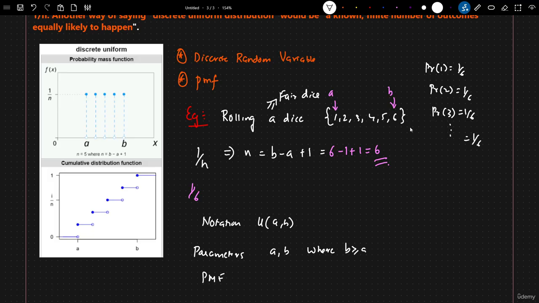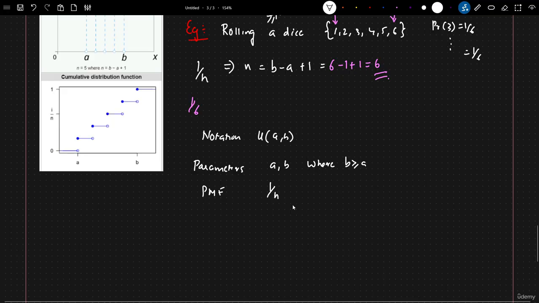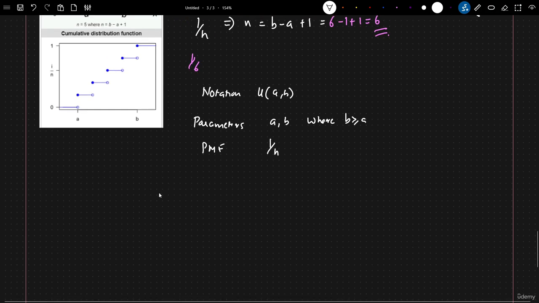Because obviously the maximum outcome that you'll be seeing, over here you'll be able to see that this b is always greater than or equal to a. Okay, PMF is basically calculated by 1 by n. Okay, you really need to remember this. So the x value cannot be less than a, because at all times, for every outcome, you'll be able to see that my probability will be almost the same.